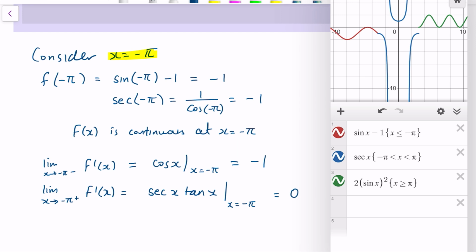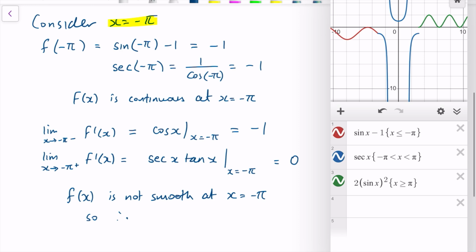So the red graph is approaching a slope of -1, but the blue graph is approaching a slope of 0, so f of x is not smooth at x equals minus pi. Therefore f is not differentiable, even though it's continuous. There's a rapid change of gradient there.